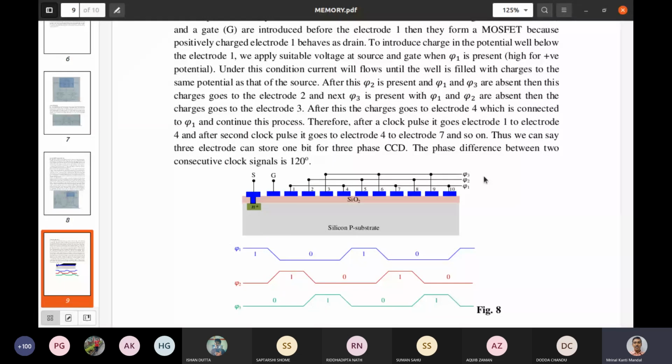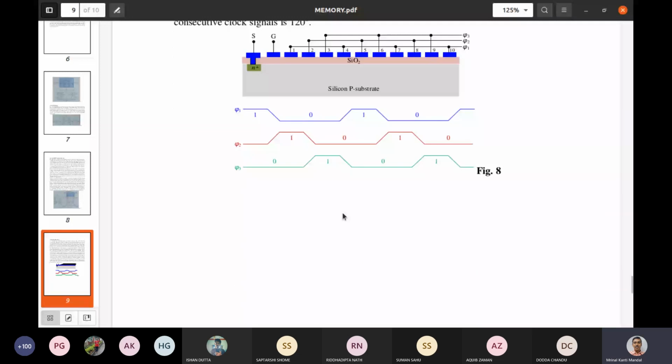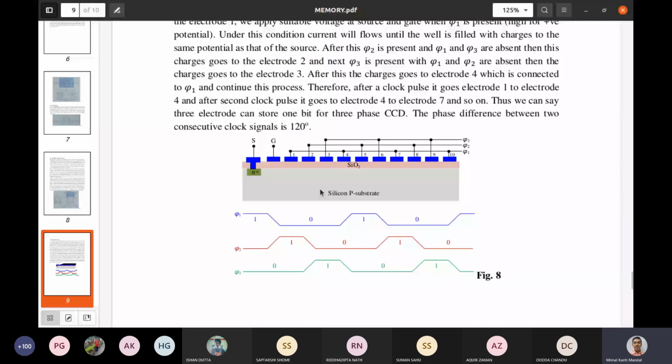And these clock signals phi 1, phi 2, phi 3 are non-overlapping clock signals. That means no two signals or more than one signal can be high at a particular time. So the phase difference between any two consecutive signals is 120 degrees.